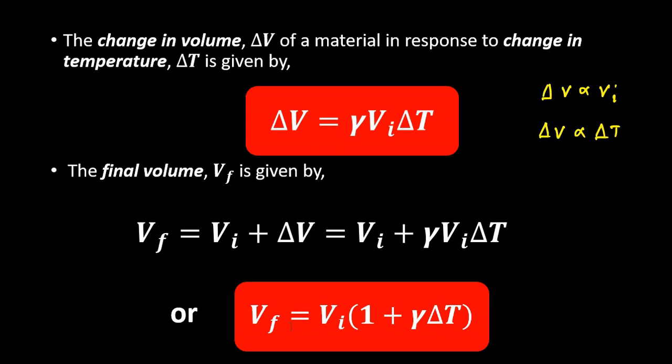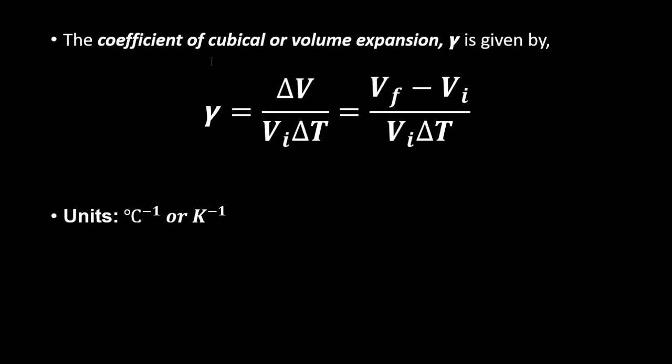The final volume is initial volume plus change in volume, Vi plus delta V, so Vi plus gamma Vi delta T. Taking Vi common, we have Vf is equal to Vi into (1 plus gamma delta T), where gamma is the volume expansion coefficient. The coefficient of cubical or volume expansion is given by gamma equals delta V by Vi delta T. It has the units of degree Celsius inverse or Kelvin inverse.